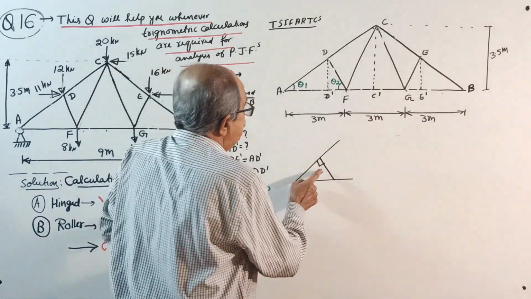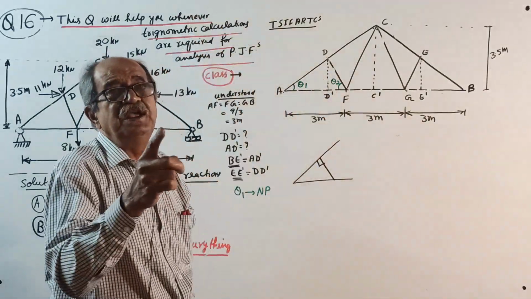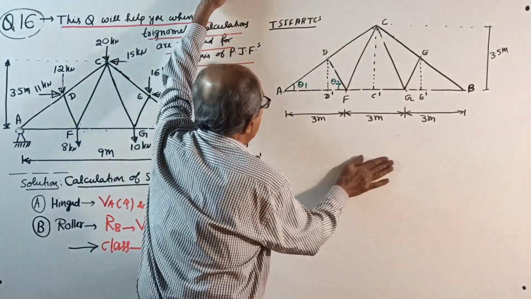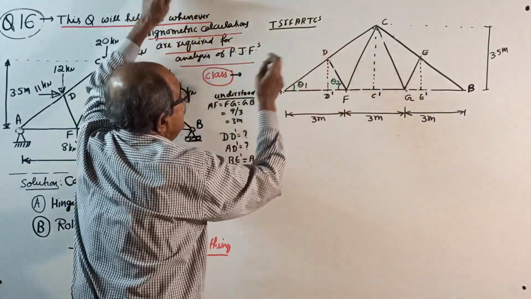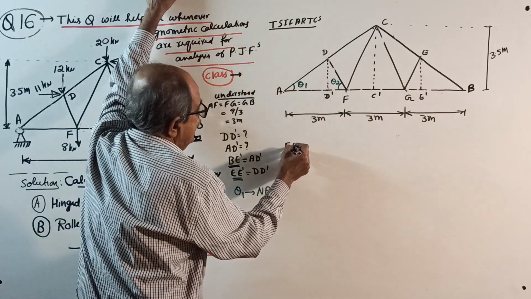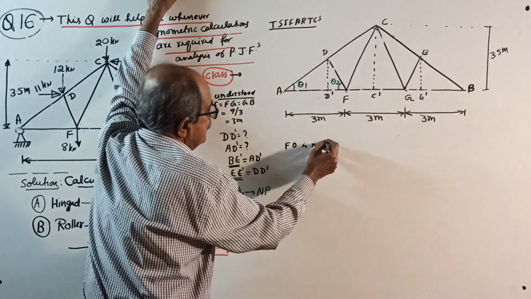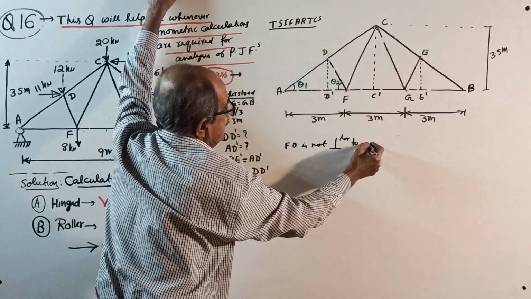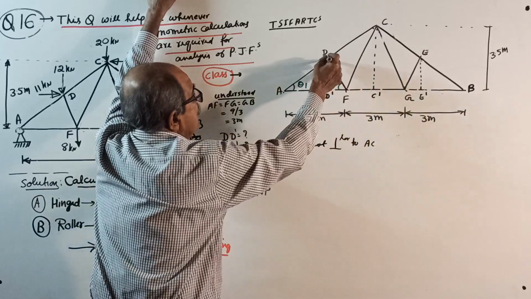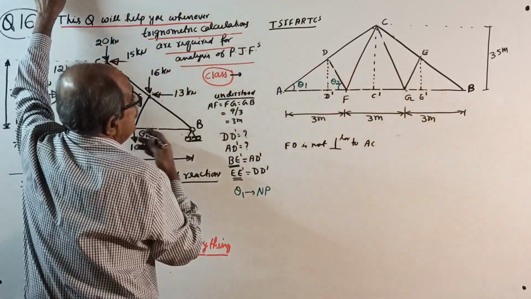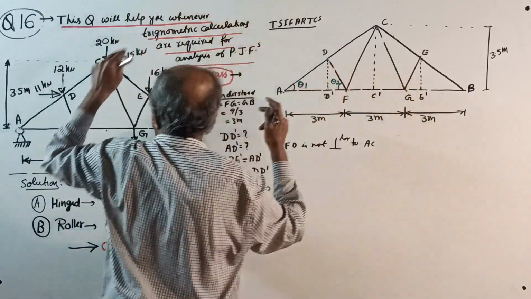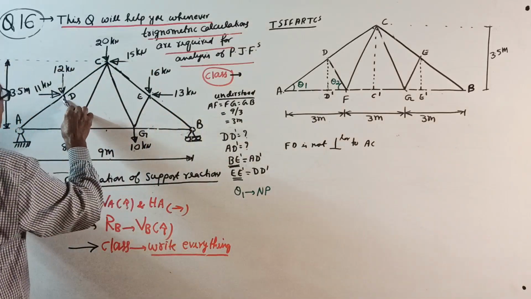But if it is perpendicular, they should give it, or it should be crystal clear for you. So this FD is not perpendicular to the AC line. It may look so, but this is out of scale, it is not perpendicular.